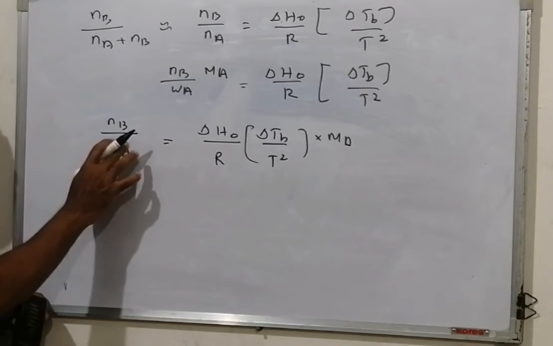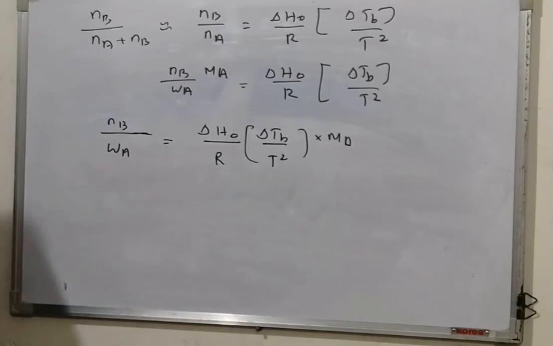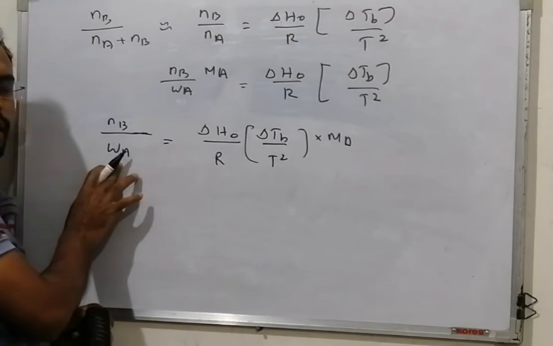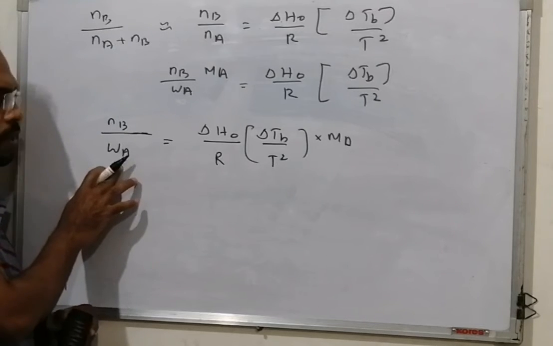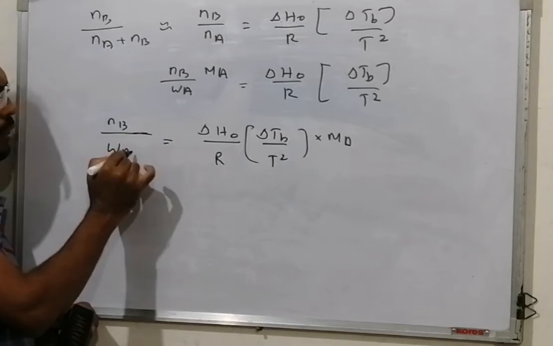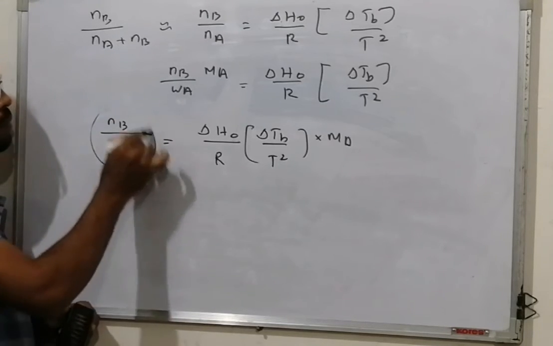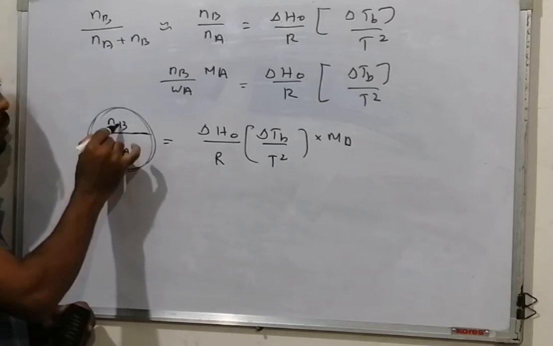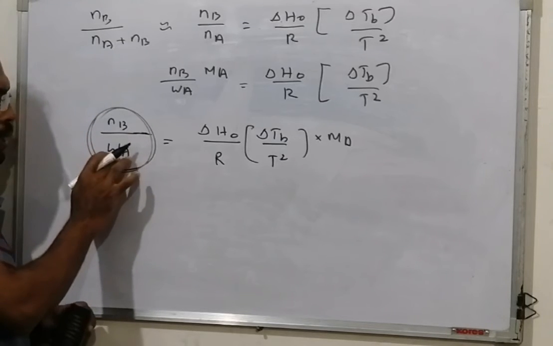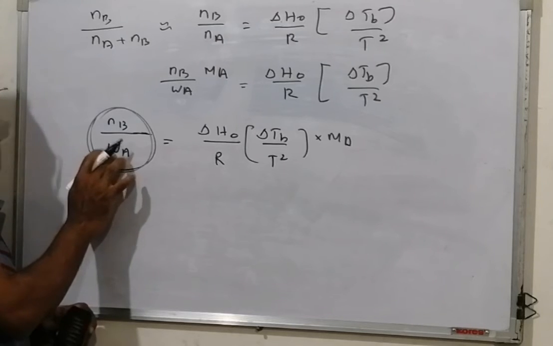Now, suppose it is in gram, you make it in kilogram; if it is kilogram, make it in gram. Therefore, this term, the number of moles of solute divided by the mass of the solvent, is molality.